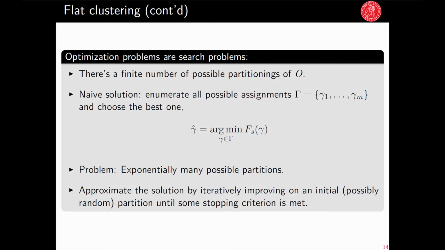So instead, flat clustering algorithms are typically based on some approximation, where we start with some initial partitioning, often just a random partitioning, and then iteratively try to improve on that partitioning until we've reached some kind of stopping criterion. And in every step, hopefully moving closer to optimizing for this objective function f.